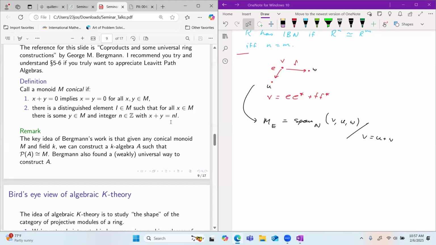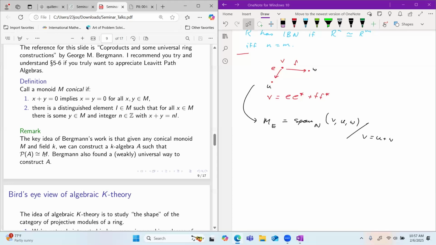So basically, you can think of it as stably all things in the monoid M can be related to some distinguished element. And the key idea in Bergman's paper is that if you give me any monoid like this, and you give me any field K, I can construct a K algebra whose finitely generated projective modules are isomorphic to this monoid.